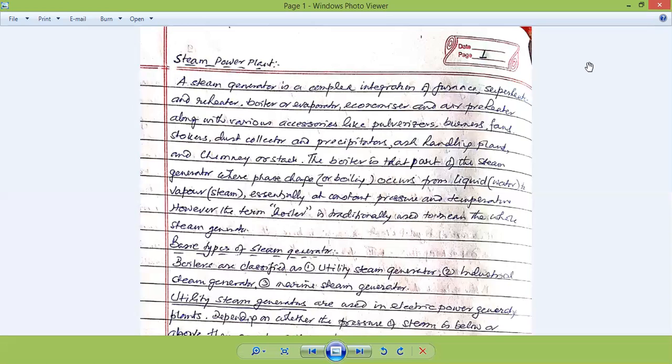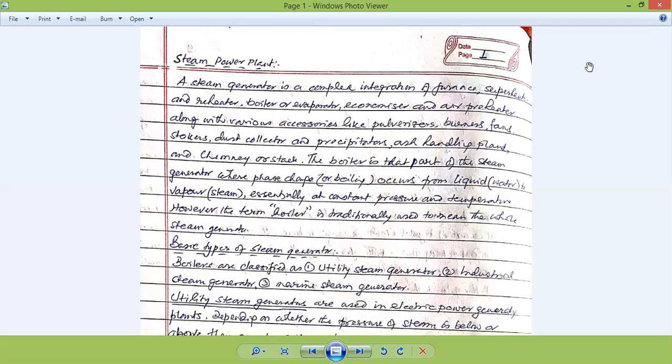The boiler is that part of the steam generator where the phase change occurs, the conversion of liquid water to vapor. So essentially in the boiler we convert the liquid water into vapor, in the form of steam, at constant pressure and temperature.